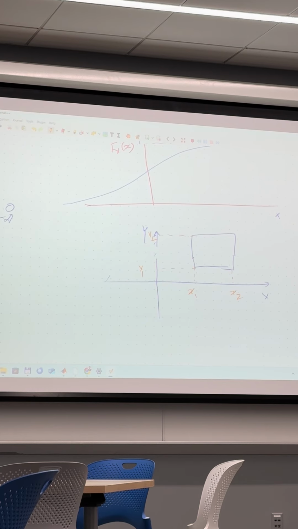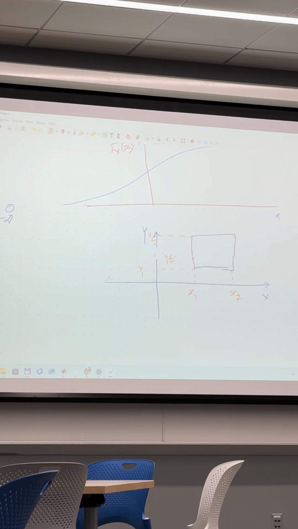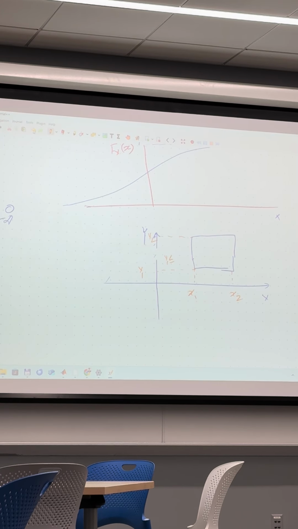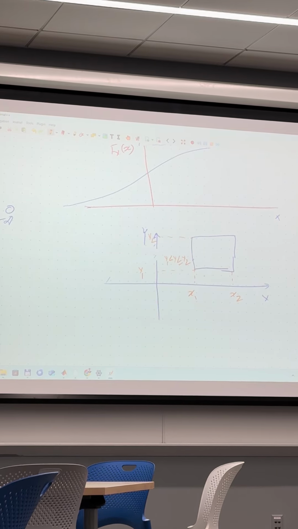So y can take any value from y1 less than y, less than or equals y2, and x here can take any value from x1 less than x, less than or equals x2. So you have these two conditions, which means that you are talking about this region.